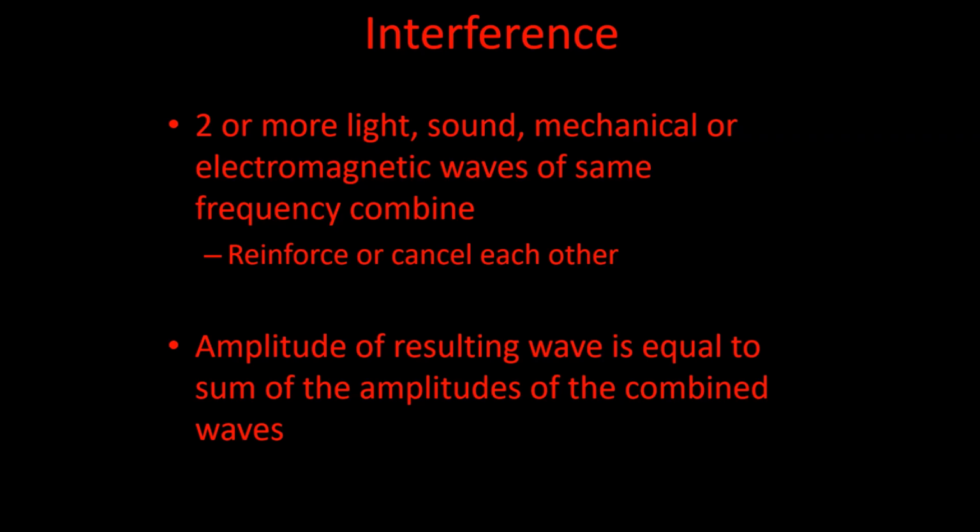That means, as we saw in the previous case when we talked about interference patterns, they will reinforce or cancel one another. That means when you see a bright fringe that we discussed previously, what we're really seeing is a reinforcement of the wave, a superposition, an increase in the amplitude of the resulting wave giving a bright fringe, or a decrease in the amplitude of the resulting wave giving a dark fringe.